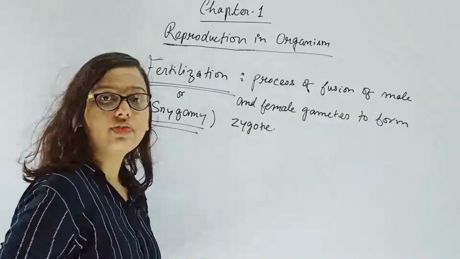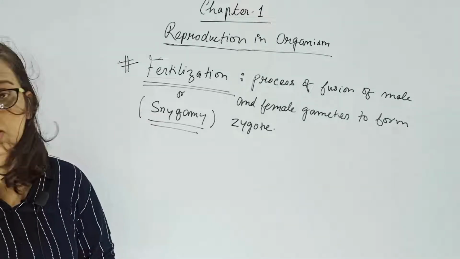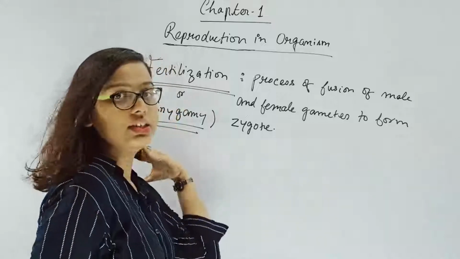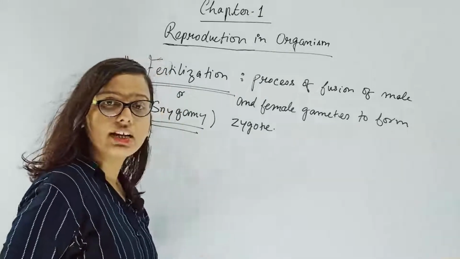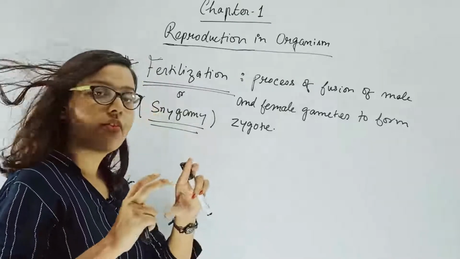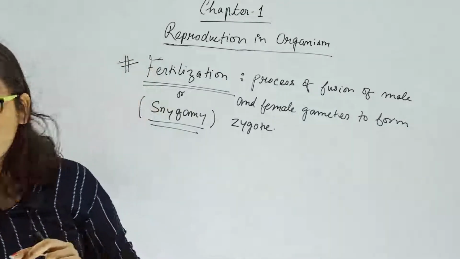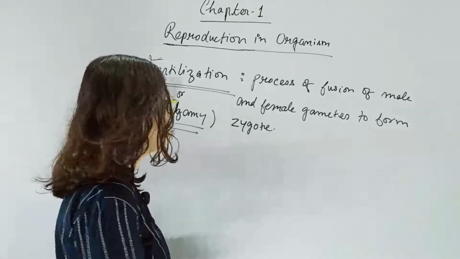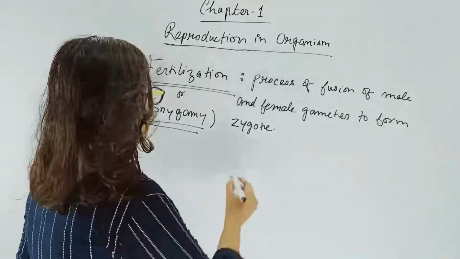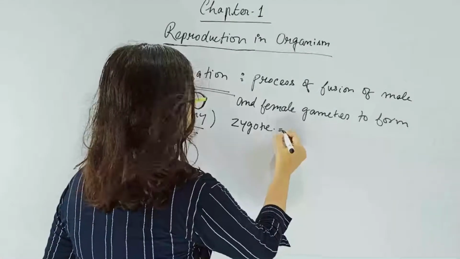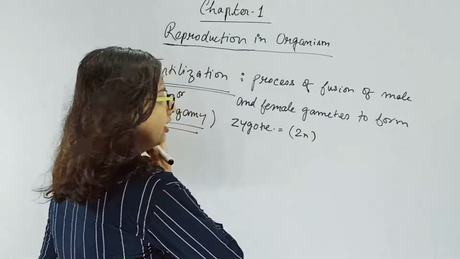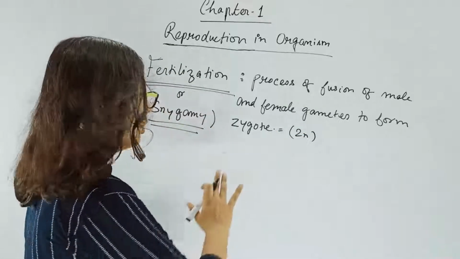Now the purpose of fertilization is the formation of zygote. So what is zygote? Zygote is a single cell which contains the genetic material from both the parents, or from both the gametes. The genetic material from both the gametes will be there in the zygote. Zygote in most cases is 2n. In case of a diploid organism, the zygote is 2n.